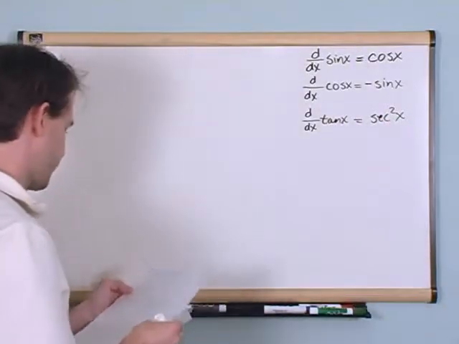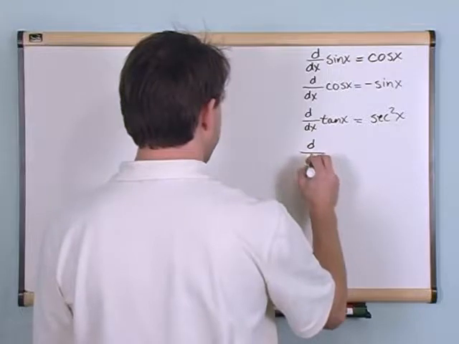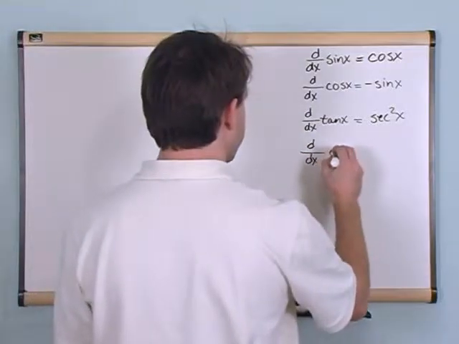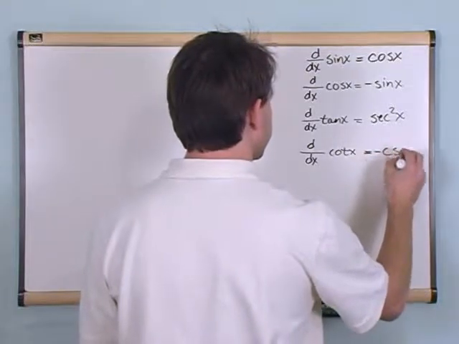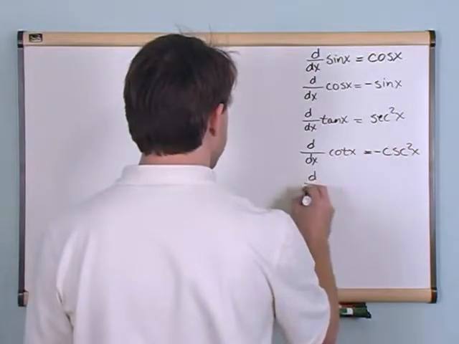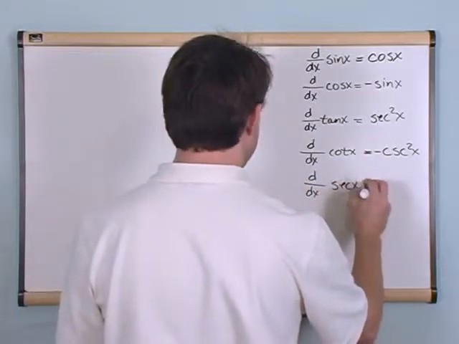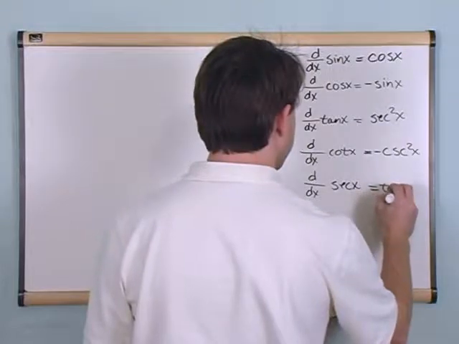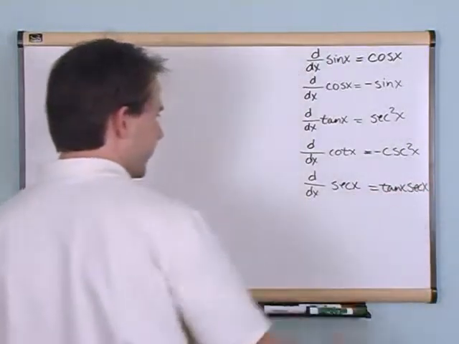Okay? And the derivative with respect to x of cotangent is equal to negative cosecant squared. And the derivative of secant is equal to tangent x times the secant of x, tangent times secant.